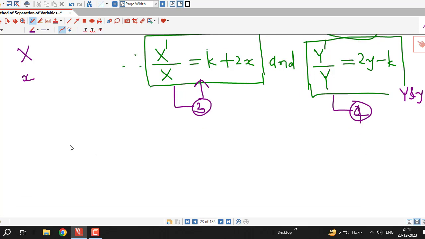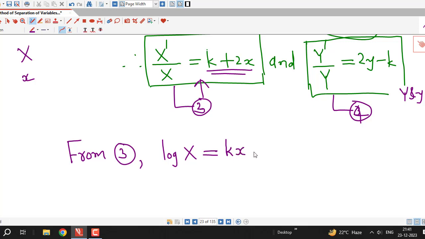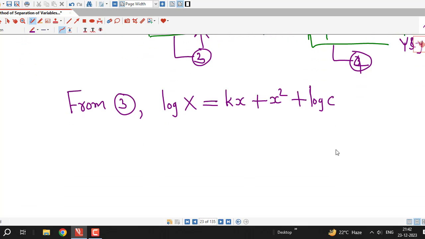If I take integration for equation number 3, I can write that from equation number 3, integral of X dash over X, that is going to be log X, equals integral of k plus 2x, that is k into x plus 2 into x square by 2, so 2 will get cancelled, plus constant of integration that we write as logarithm of some constant, say c. Therefore, now I consider these two terms together, log X minus log c equals k into x plus x square.